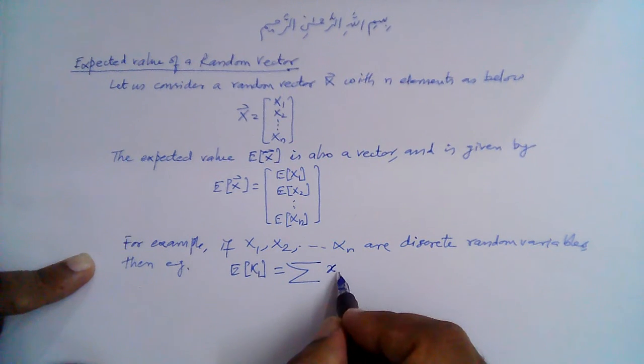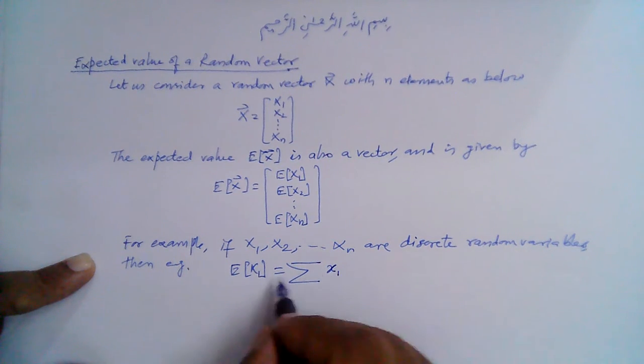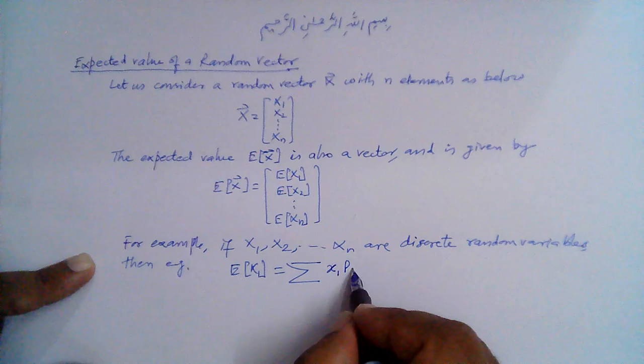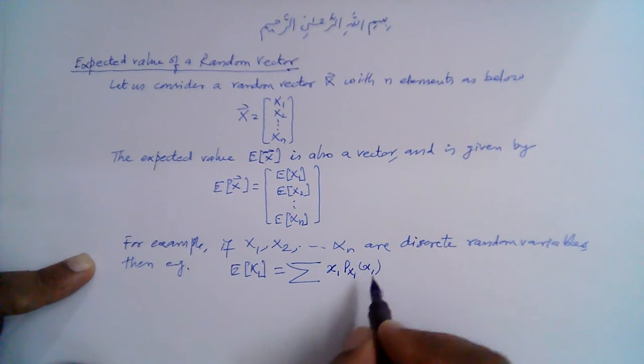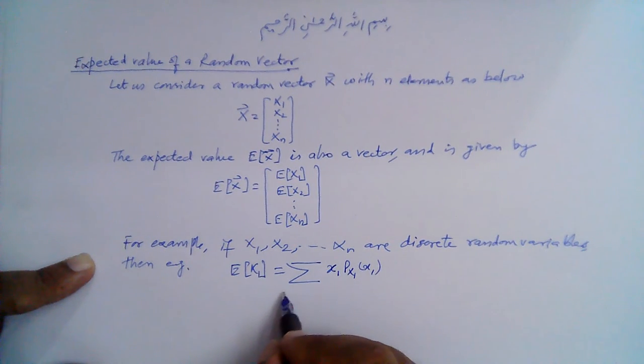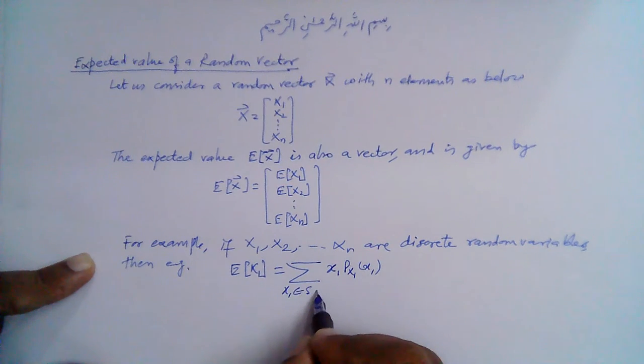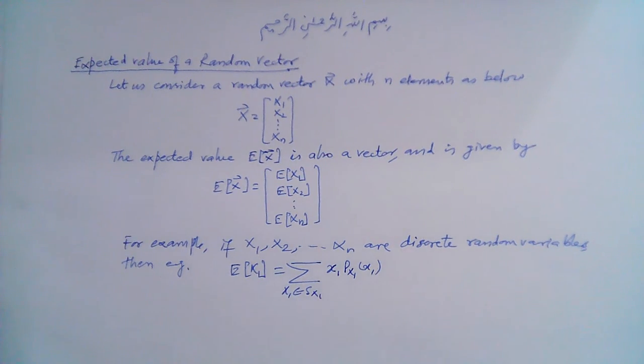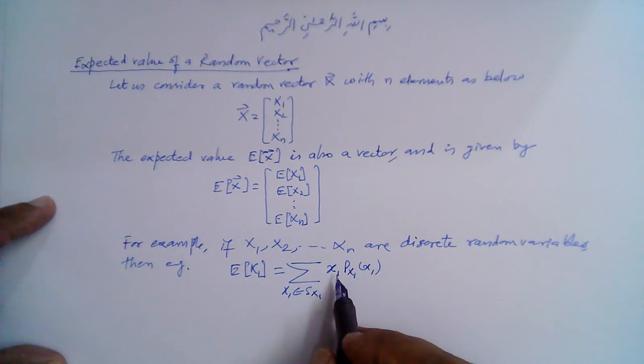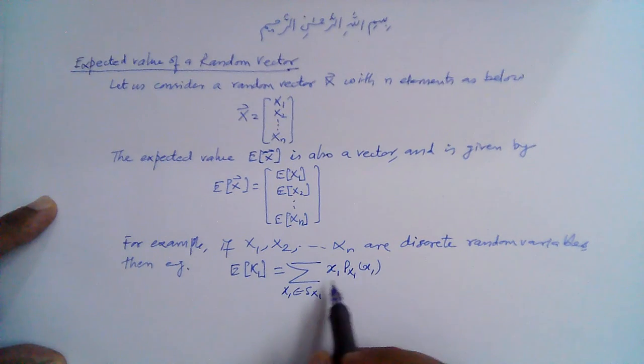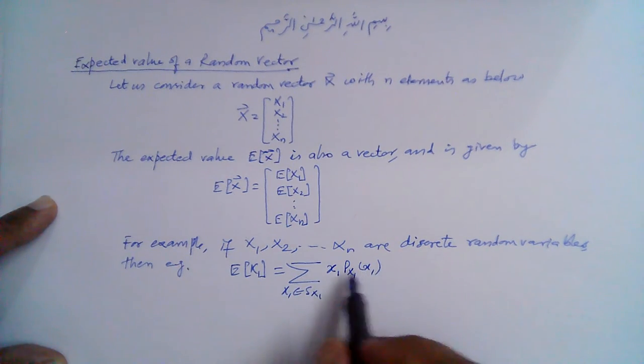The sample value of x1 is multiplied by the corresponding probability, and x1 is an element of x bar, right? So we perform this operation for all the sample values of x1, multiply with the corresponding probability, then add them together.